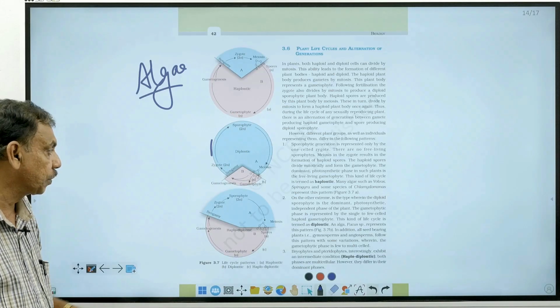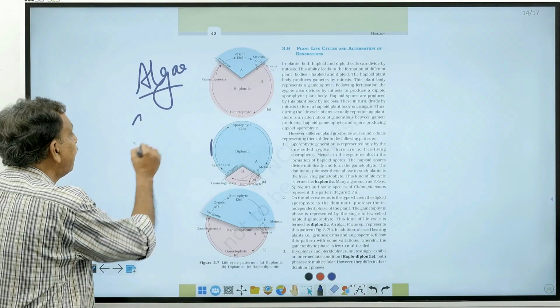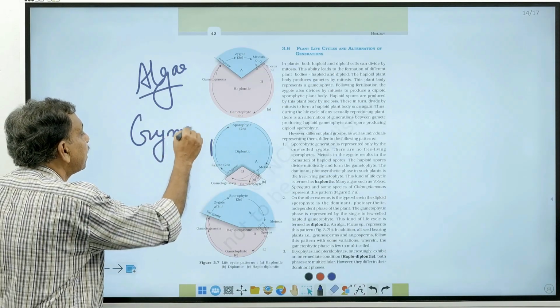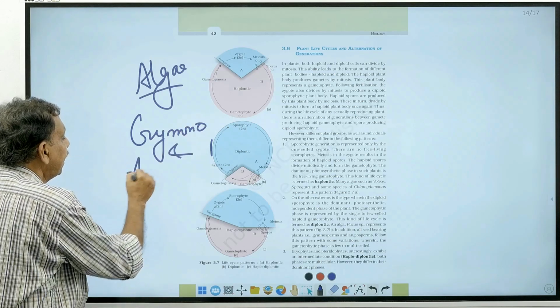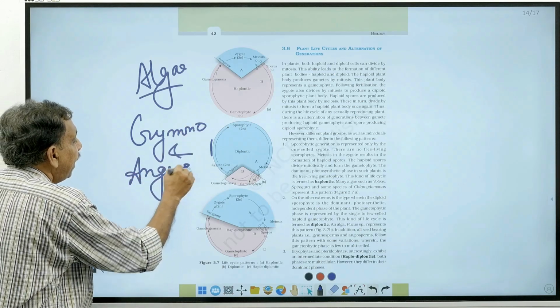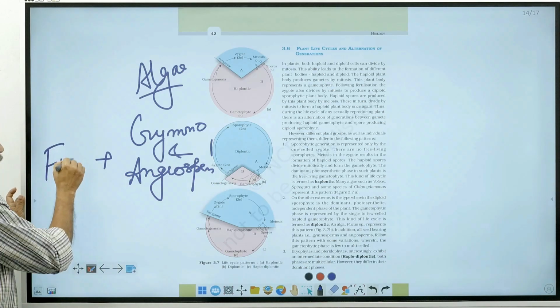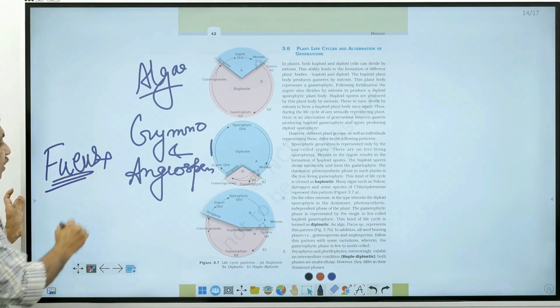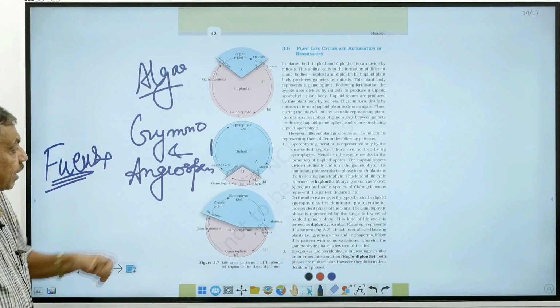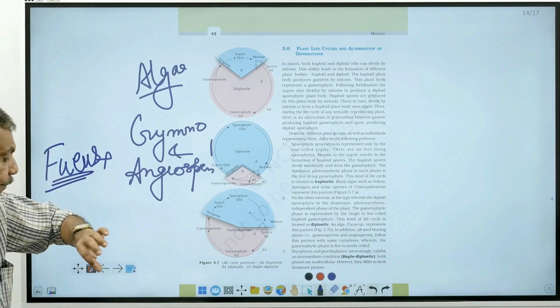Now this is the example: gymnosperms and angiosperms, and there is an alga, Fucus, very important, a brown alga. Now you will see the haplodiplontic.